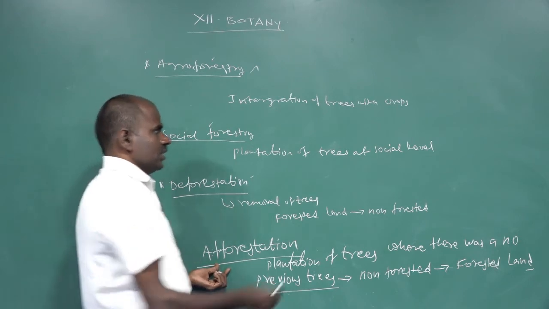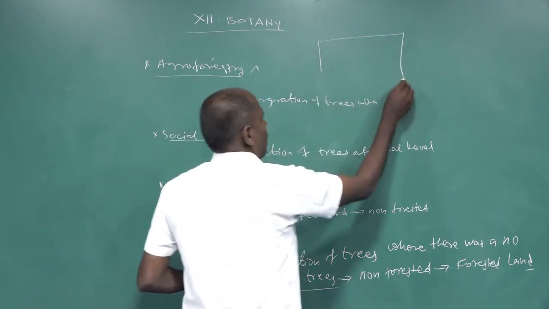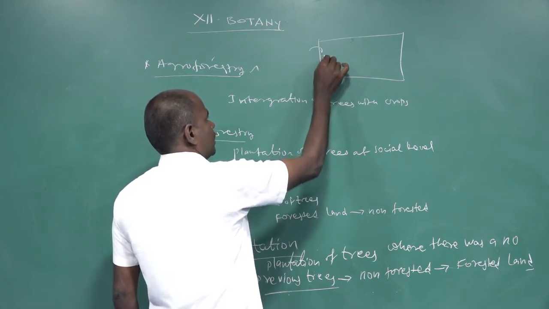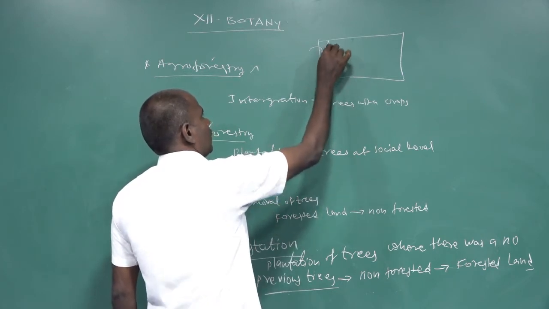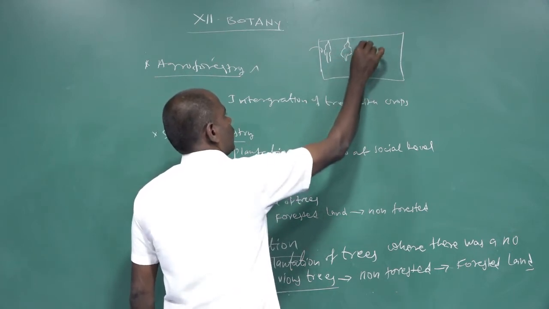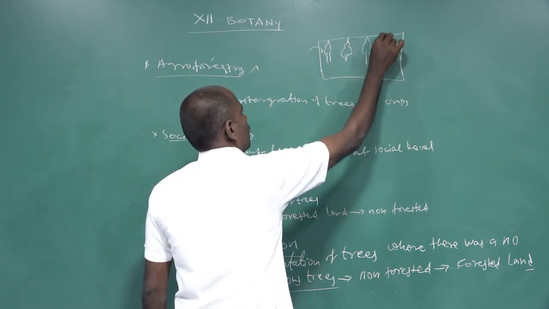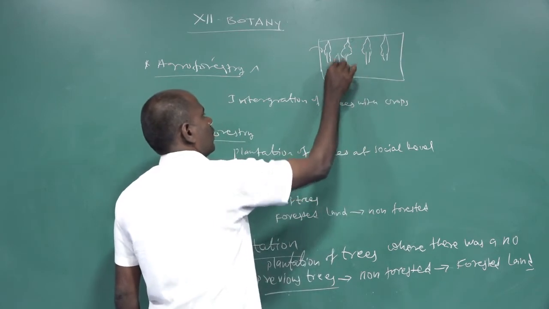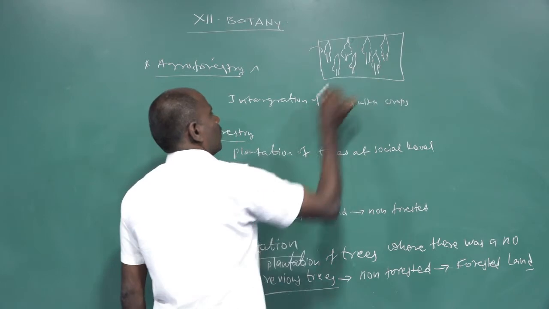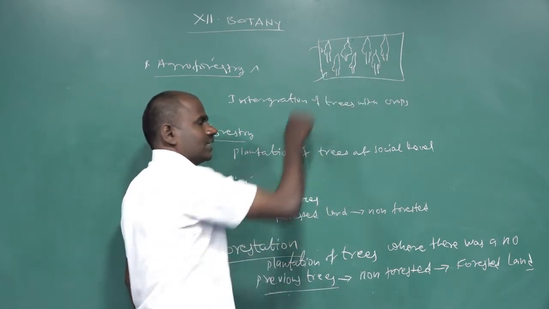In afforestation, first we have land with growing trees, that is called forested land.